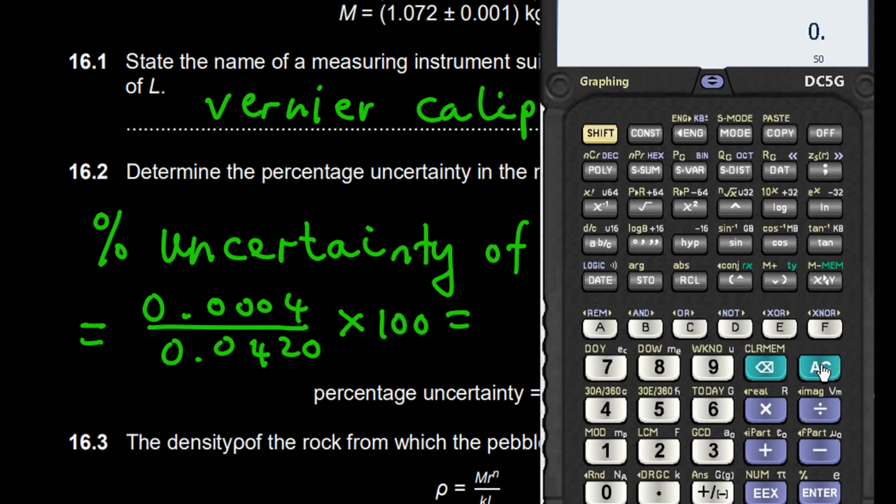So let's calculate that. And we get 0.952.